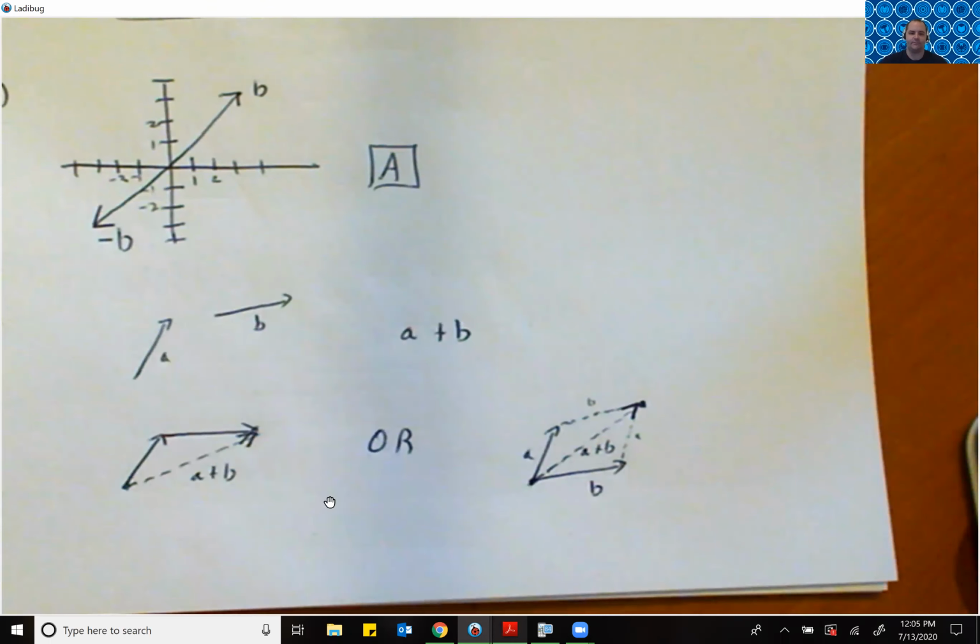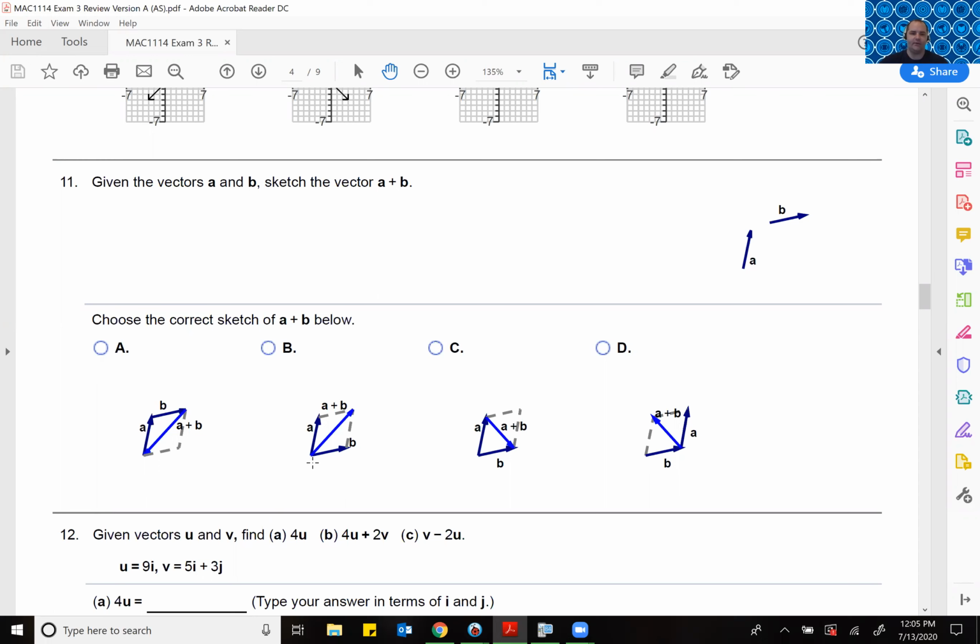So that's out. Here is A, here is B, and they said it started here and it ended out here, and that's A plus B. This one is that parallelogram picture that I drew. So the real answer to this is B.